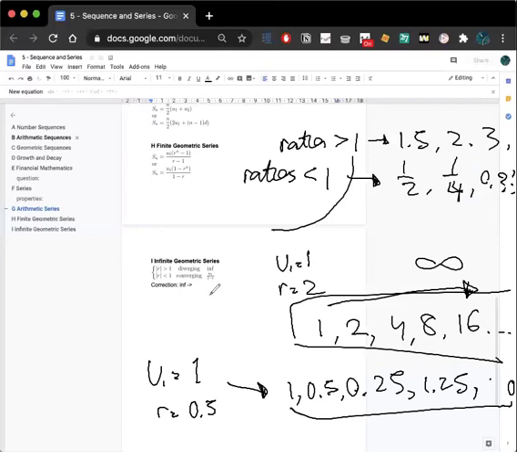You do that by taking the first term over 1 minus r. Personally, I haven't figured out or Googled why that's the case, so I can't really explain it right now.